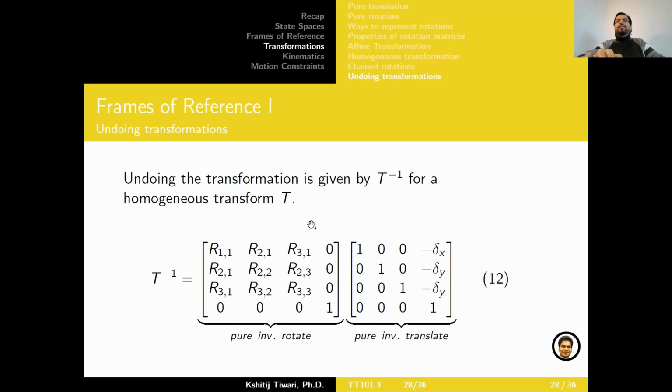So that would be the transpose of the rotation matrix embedded here, which is the component written as pure inverse rotation, and everything else then are the homogeneous coordinates. And for the pure inverse translation, you would just add a negation before the translation that you did, while your rotation matrix is now replaced by identity. This basically means when you are translating, in that translation part, you are untranslating or inverse translating, because say if you went 3 centimeters forward, you want to come 3 centimeters back.